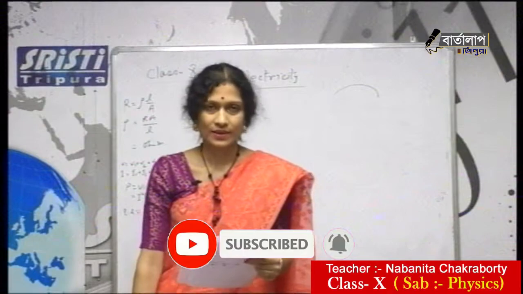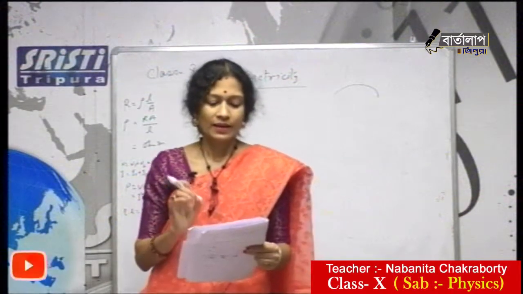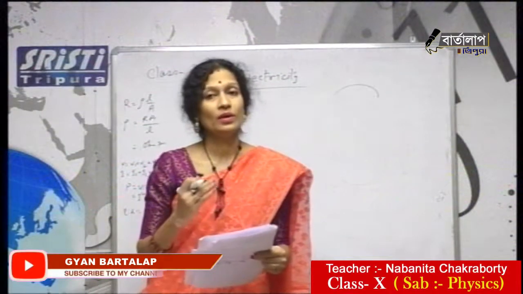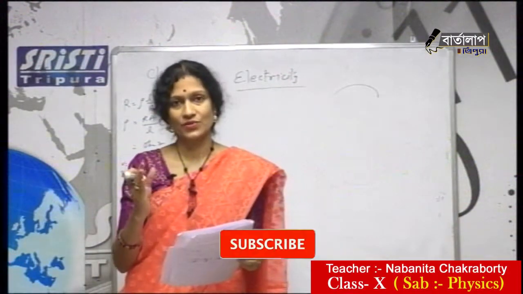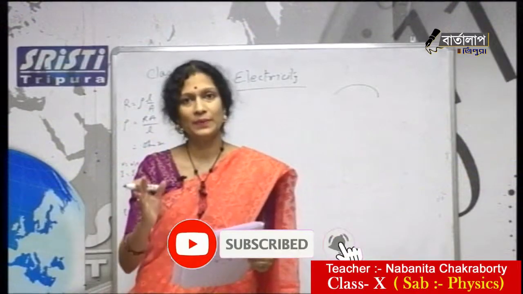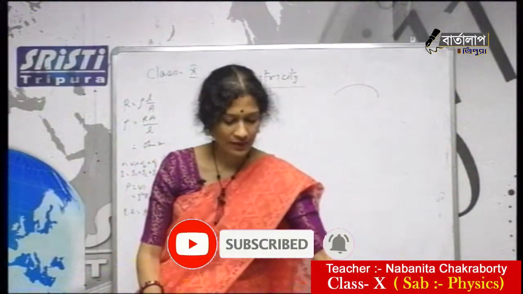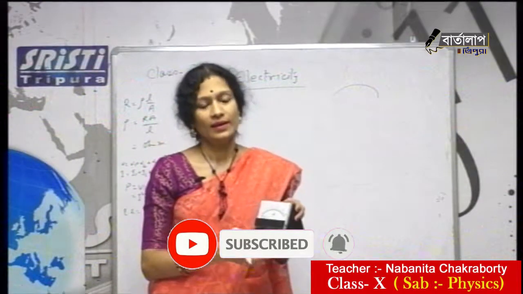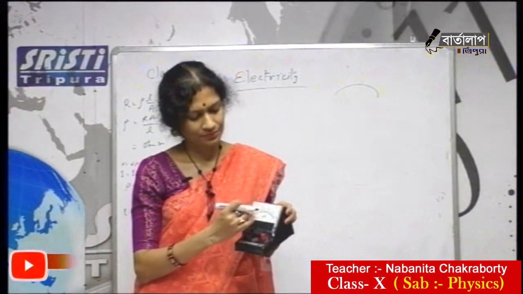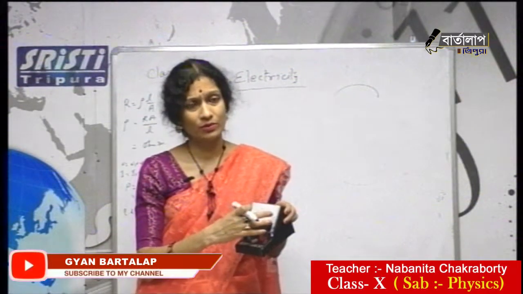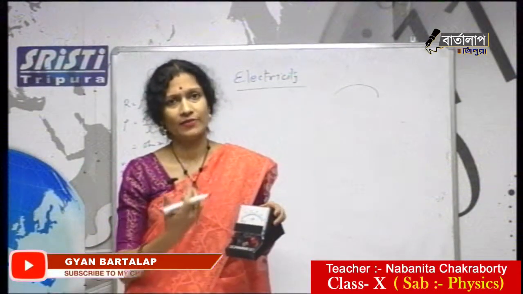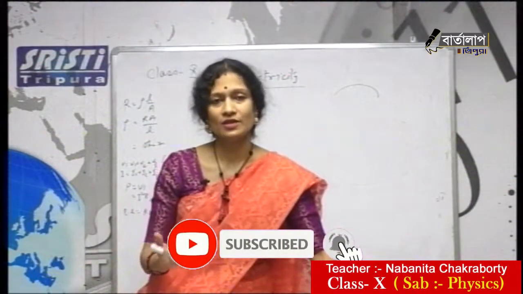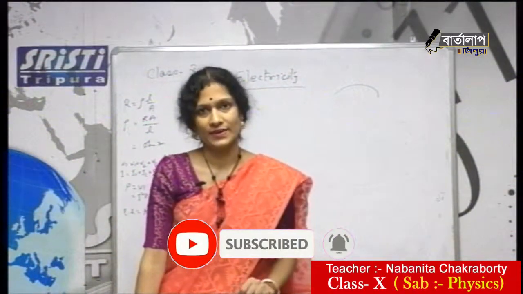In that case, you find that the current is 2.5 milliampere. So I have to change it from milliampere to ampere first. Whenever you take readings in the ammeter, if it is given in milliampere, we have to change the value to ampere first.